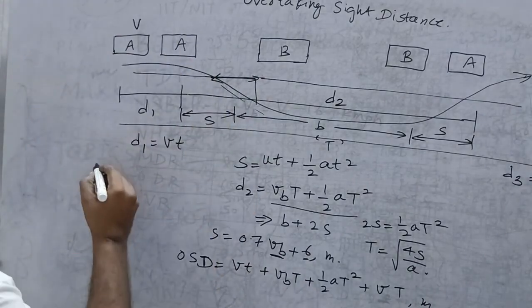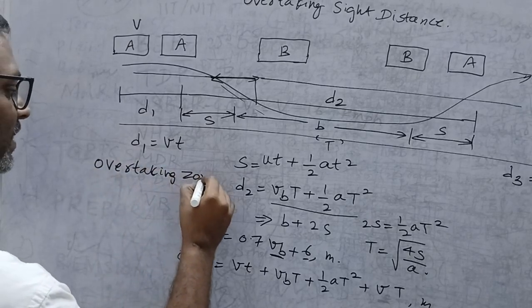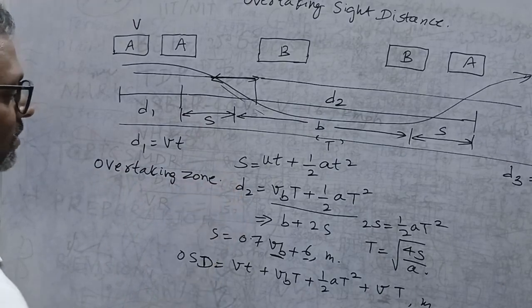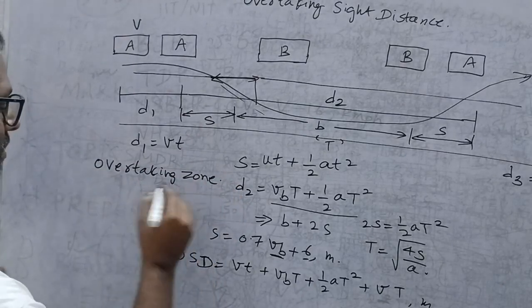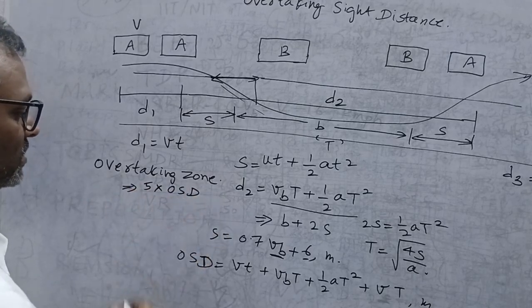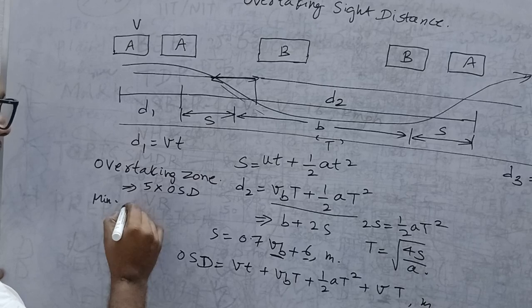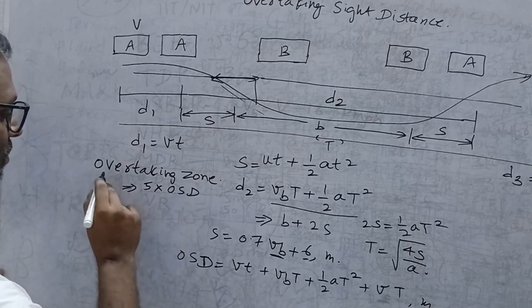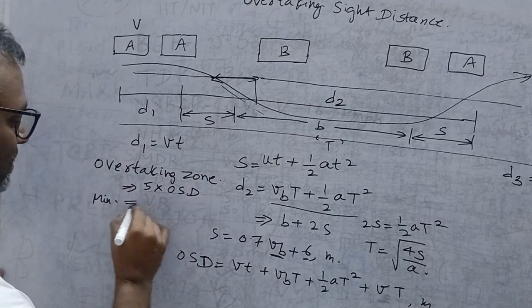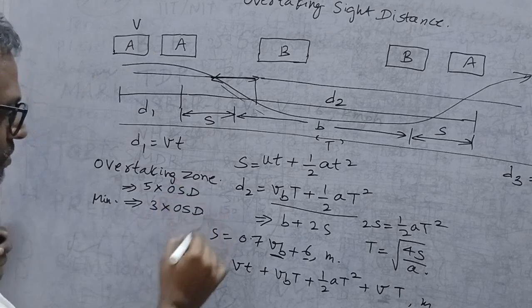That overtaking zone, generally where vehicles are permitted to overtake, is 5 times the overtaking sight distance, and the minimum overtaking zone distance is at least 3 times the overtaking sight distance. So remember these terms.